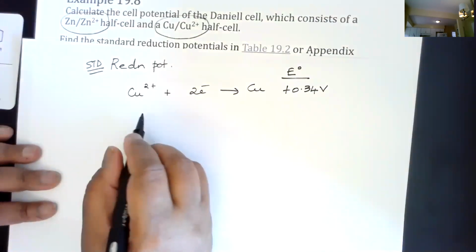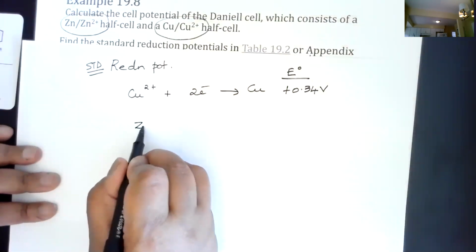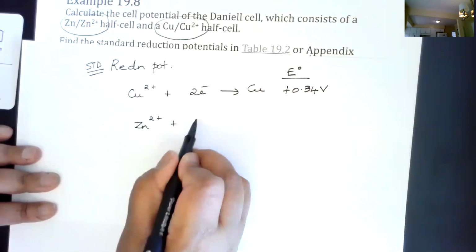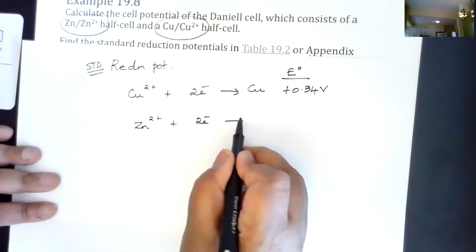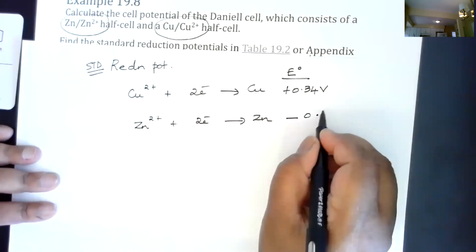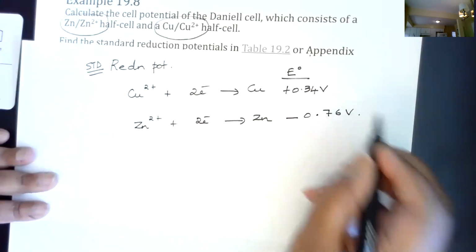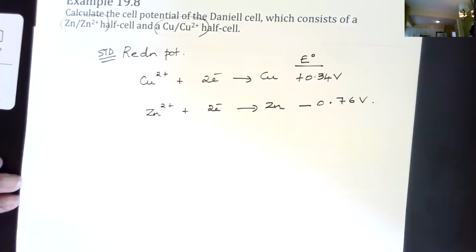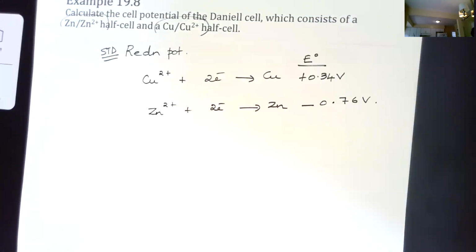And then the second one, zinc, I'm just writing it down from the table. I'm not doing anything else here. This though is negative. Copper 2 plus is okay gaining 2 electrons, but zinc is not okay gaining 2 electrons.